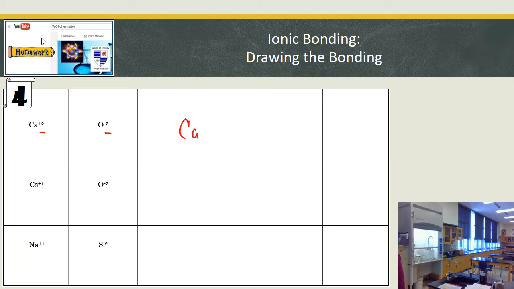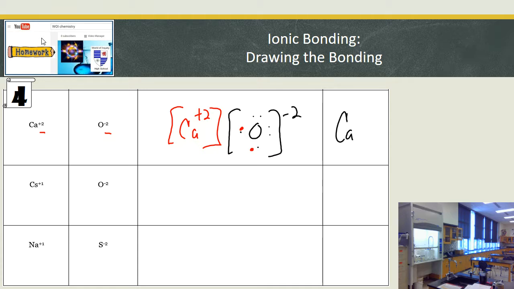So Ca is going to be a +2. Oxygen comes with 6 valence electrons. It's going to look like that. He's going to get 1 from Ca that goes there and 1 that goes there. He's going to have a -2 charge, and he's just going to be CaO. Now here, I have a +1 and a -2. I need 2 +1s to cancel out with 1 -2.